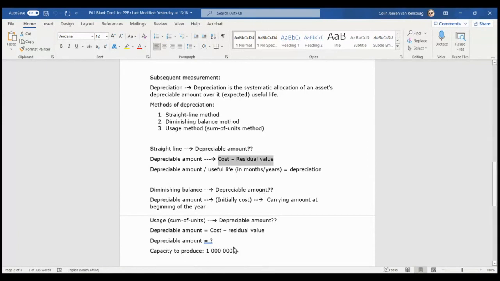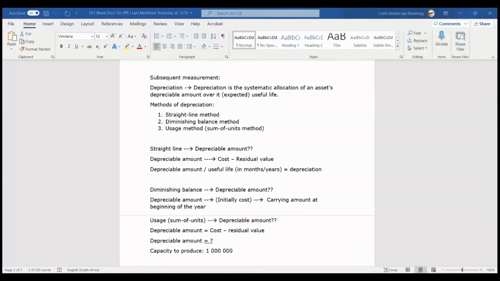And we said the other day, the residual value is the amount that you expect to be able to sell it for at the end of the useful lifetime. What do you expect to get from selling or disposing of this asset when you stop using it? In other words, at the end of its useful lifetime for you. So our depreciable amount is the cost less the residual value.